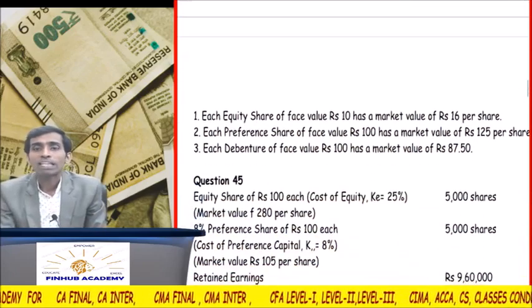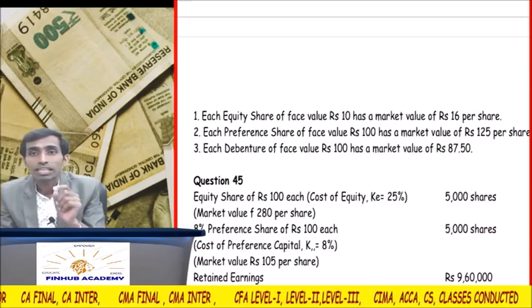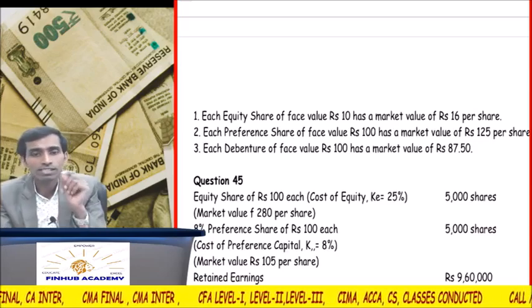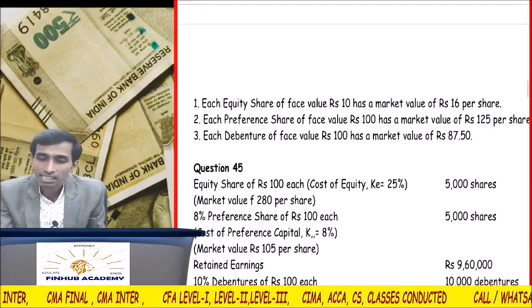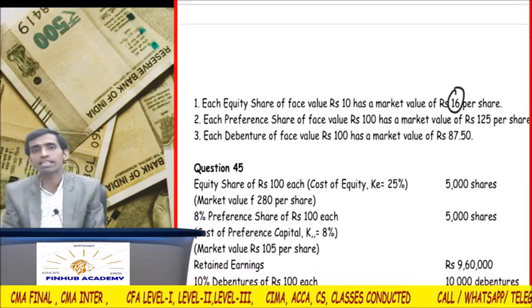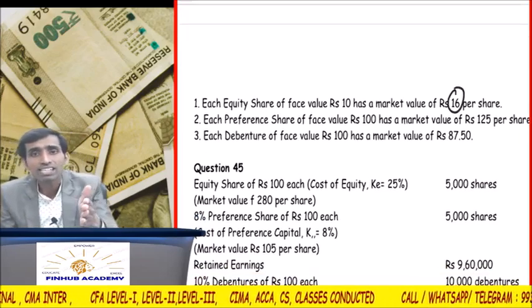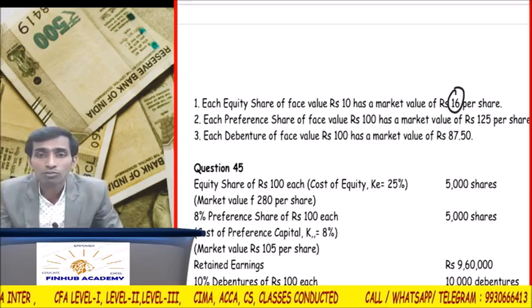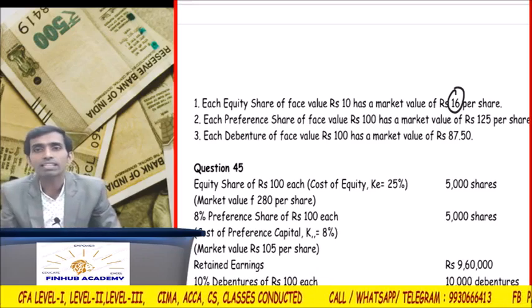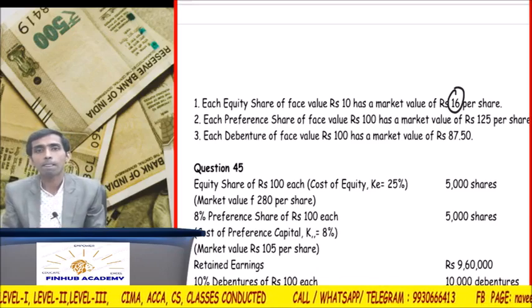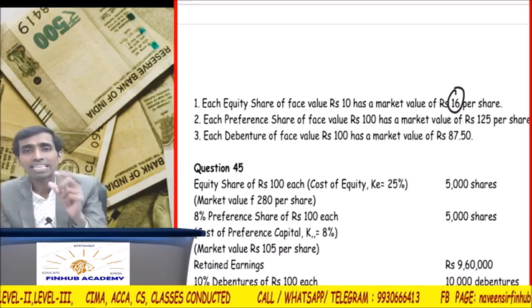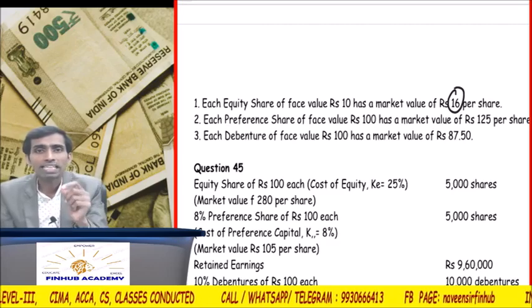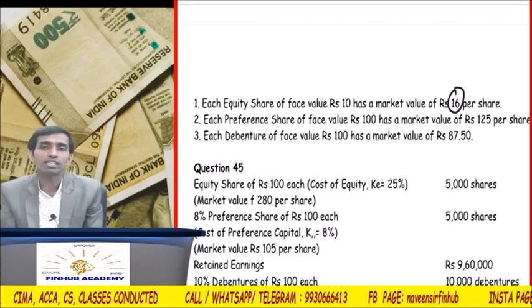See, each equity share, for your knowledge, has a face value which is used to calculate the dividend. It has a market value, how much? 16 per share. When the market price is multiplied with the number of equity shares, what do we get? Market cap.